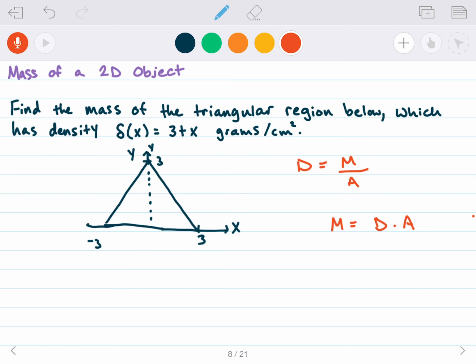The first thing we can do is recognize that we have two different functions intersecting the x-axis. This is our first function right here in red, and the other one is right here in green. We need to first figure out what those functions are, and then figure out the area. Basically, we have to set up two different integrals because we have two different functions here.